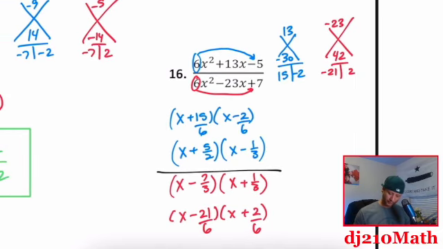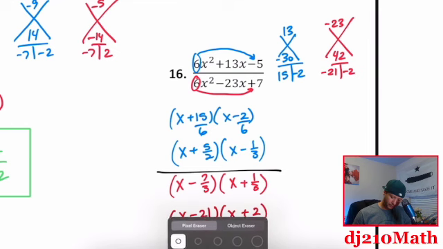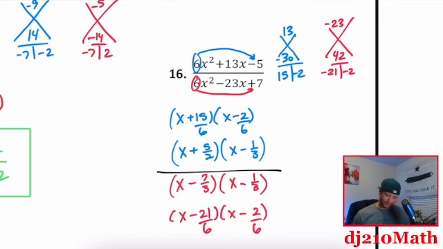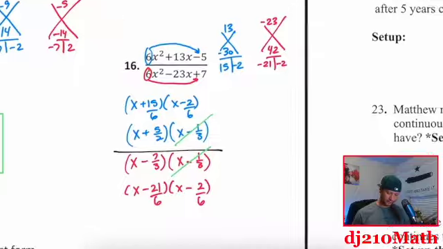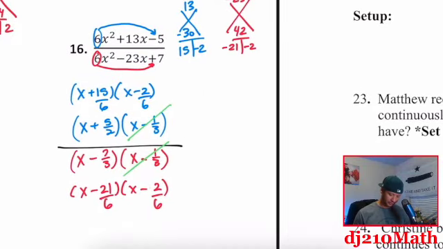Hold on. So this is minus 2. Negative 21 and negative 2 make negative 23. So, dang it, what does that mean? That means this should be a negative and this should be a negative. And now they do cancel. Okay, so our final answer after they cancel.